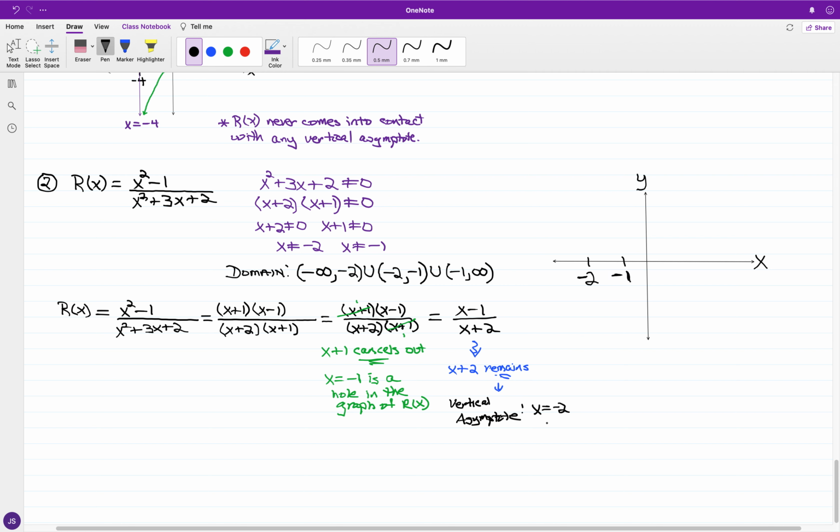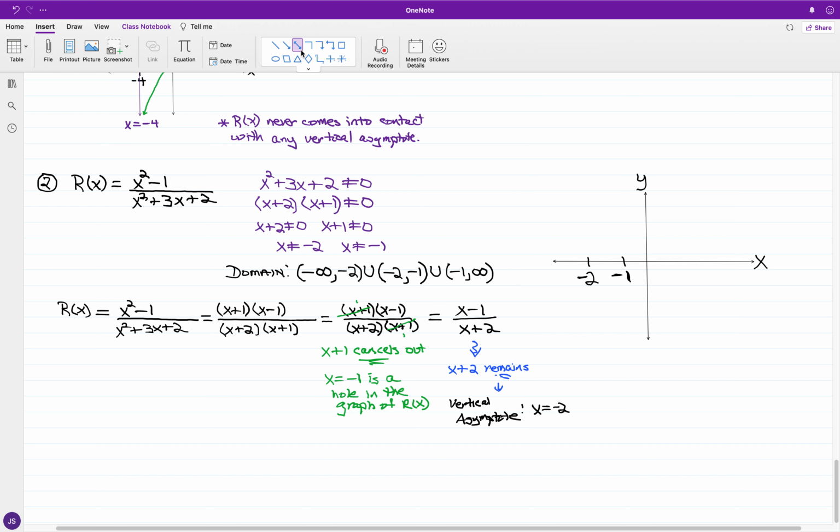Again, we have x equals negative 2, which would be the vertical asymptote and the only vertical asymptote.